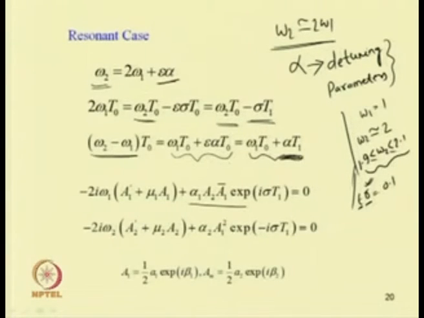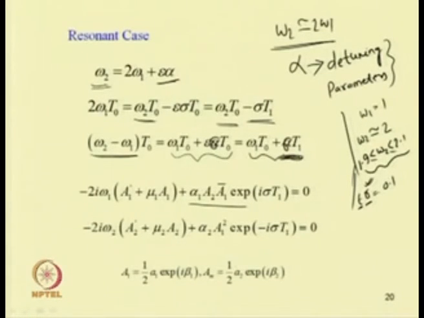So, this is not alpha, this is sigma T 1. So, this becomes minus 2 I omega 1 a 1 dash plus mu 1 a 1 plus alpha 1 a 2 a 1 bar e to the power I sigma T 1. Similarly, the second equation becomes minus 2 I omega 2 a 2 dash plus mu 2 a 2 plus alpha 2 into a 1 square e to the power minus I sigma T 1 equal to 0.